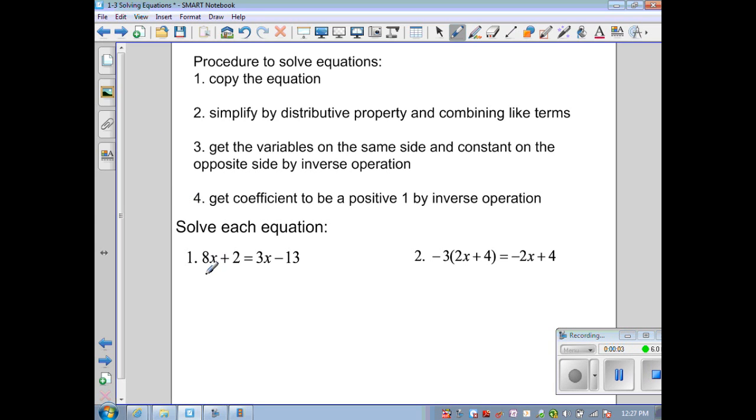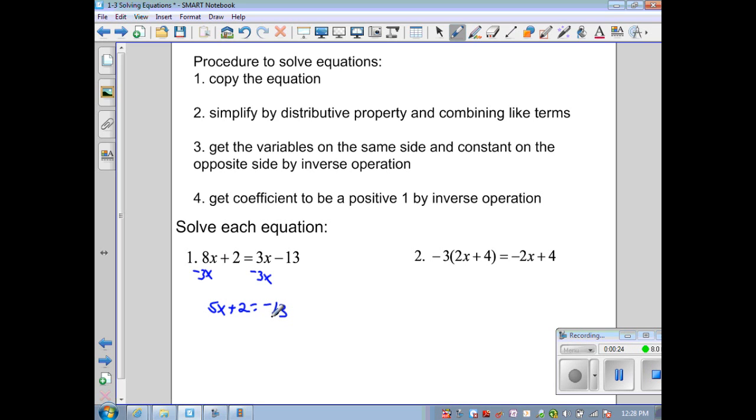Example 1. 8x plus 2 equals 3x minus 13. Let's get our variables on the same side. I'm going to move my 3x to the left side by subtracting 3x on both sides. This is inverse operation by subtraction. Combine like terms, I get 5x plus 2 equals a negative 13.